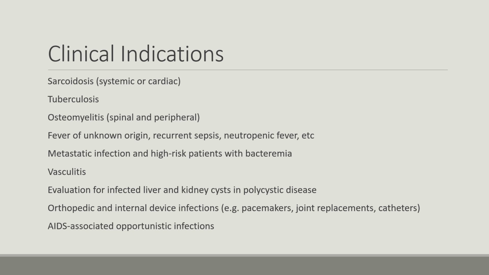Metastatic infection in high-risk patients with bacteremia, vasculitis, evaluation of infected liver and kidney cysts in polycystic disease, orthopedic and internal device infections such as pacemakers, joint replacements, or indwelling catheters, and AIDS-associated opportunistic infections.